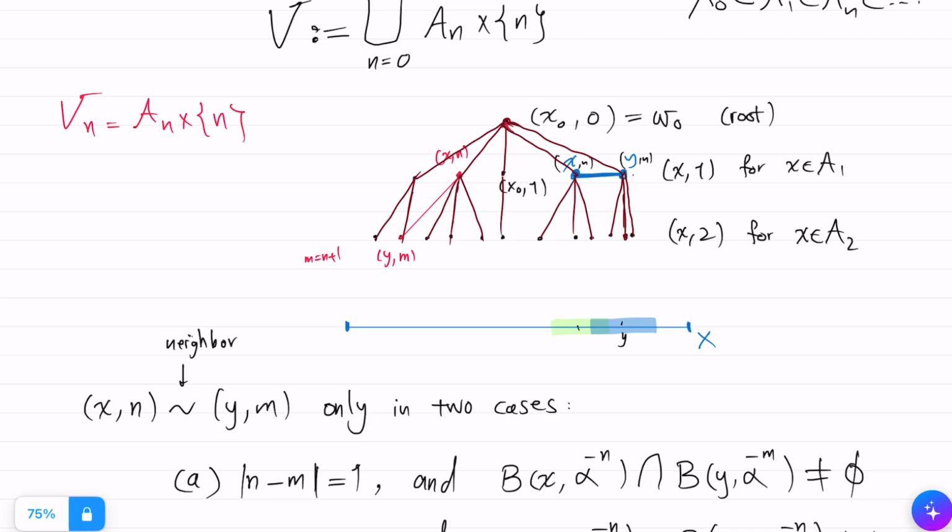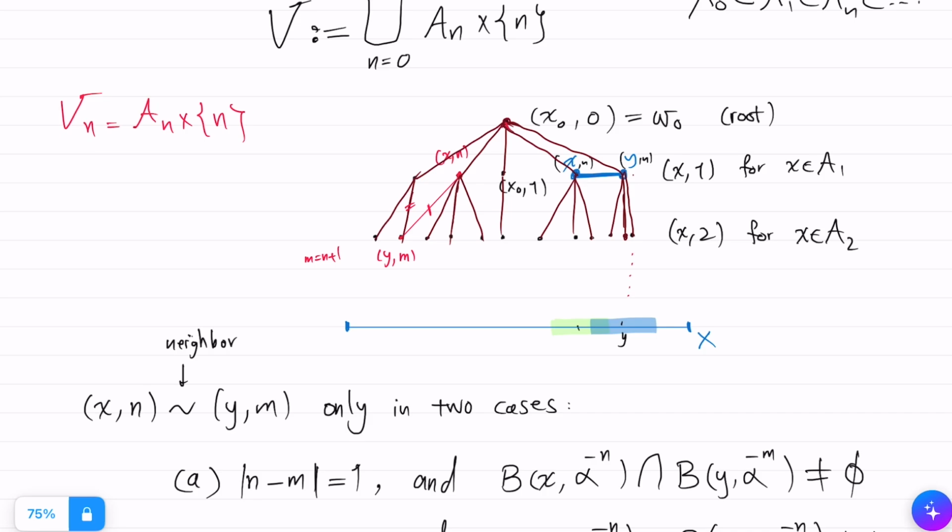And also in my picture, because I am drawing in R^2 basically, I'm forcing it to be embedded, some edges look longer than the others, but all of them are just copies of [0, 1], so they are all same length. And also remember, I have to repeat this for infinity.